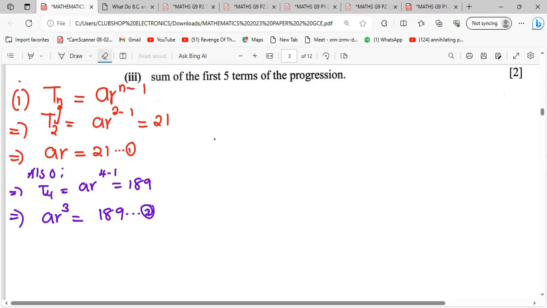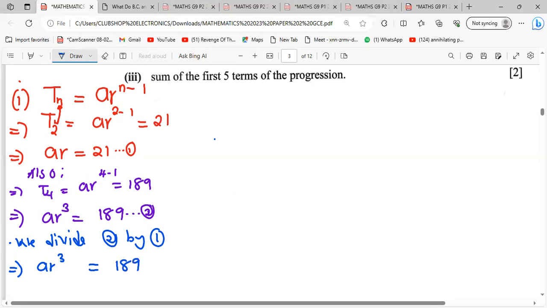So we divide, I'm just doing this so that you're able to follow, 2 by 1. Applying that, we have ar to the power 3 equal to 189. Then we divide this by ar in 1.